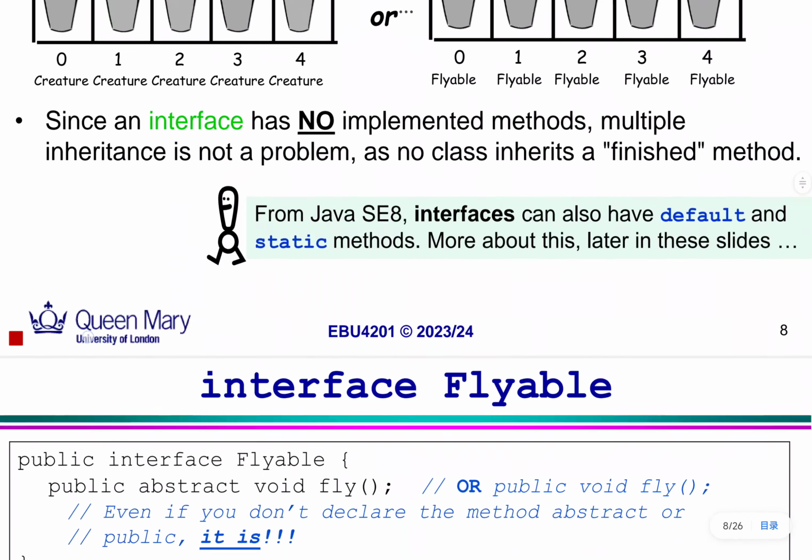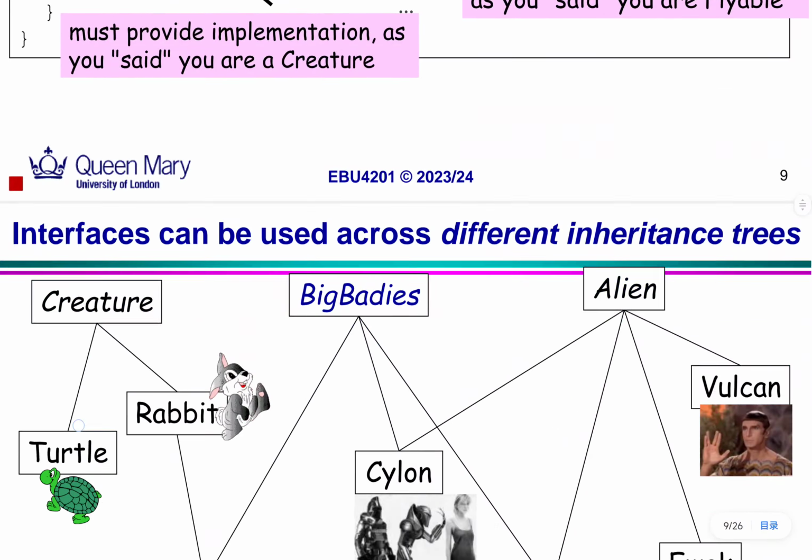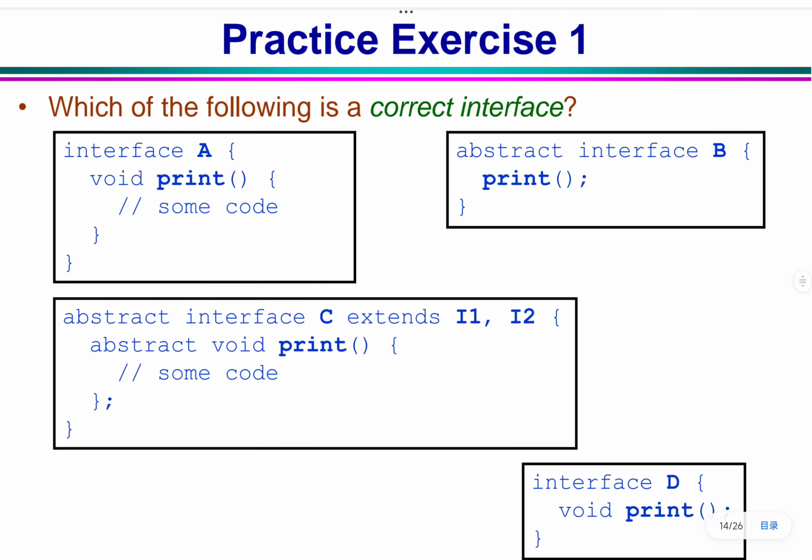Let's check what is the interface. Public interface Flyable, with a public void fly. If you don't care about the public or the abstract, it is fine. We cannot use public interface, I think.